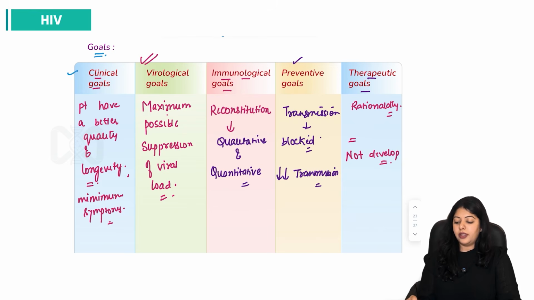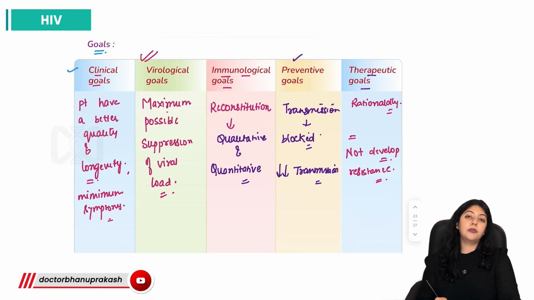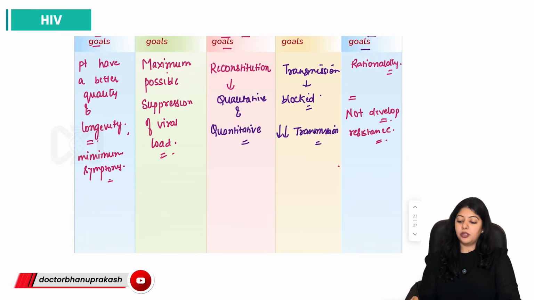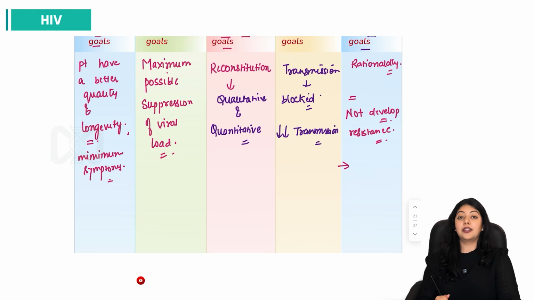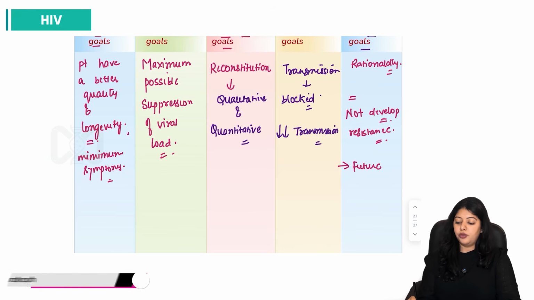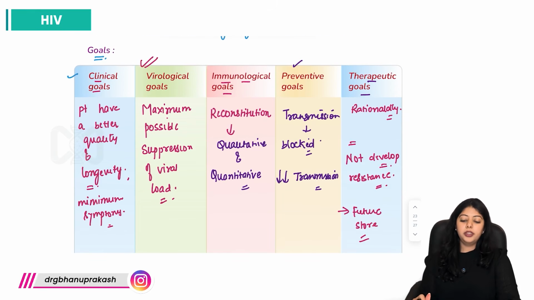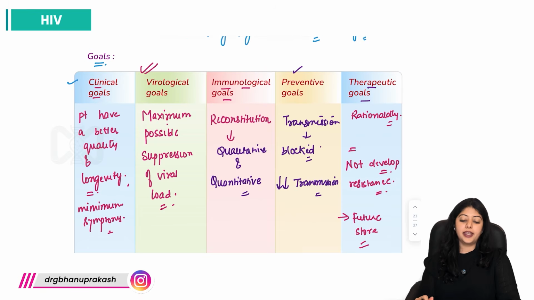So rational sequencing of drugs should be done, and certain drugs should be kept for future purposes also, in case any resistance develops. Future store, right? So these are all the goals which NACO has devised.